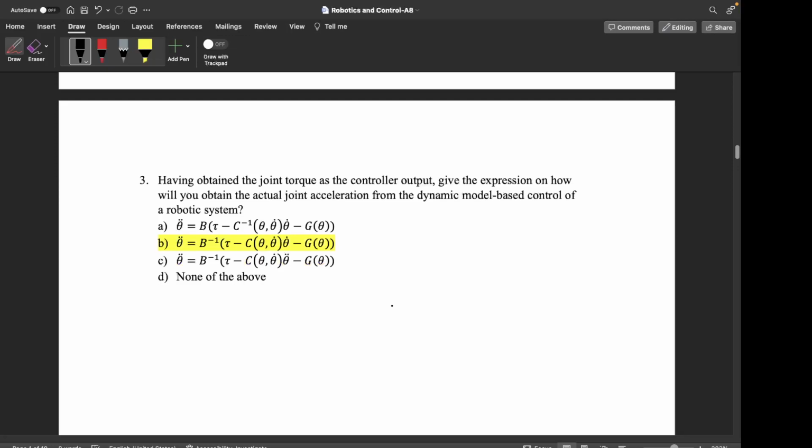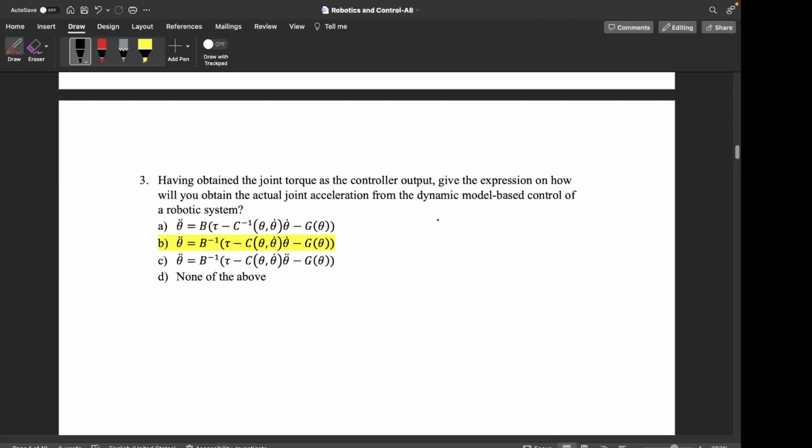okay, moving on to the next question, which talks about the control of these manipulators, right? So I will start with, basically when we are doing dynamics, I think we have discussed it before also, there come up two terms.